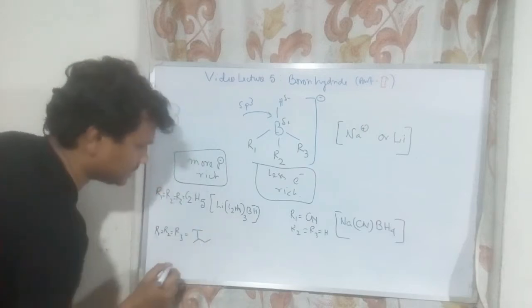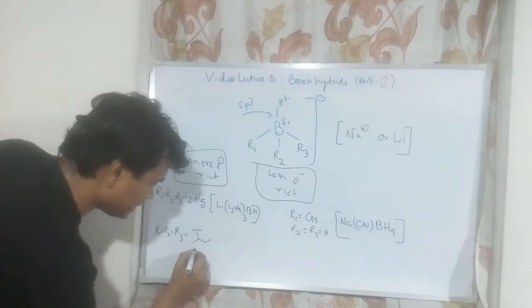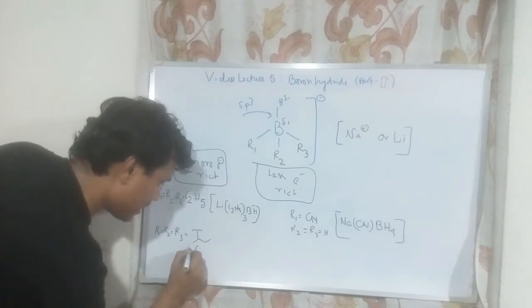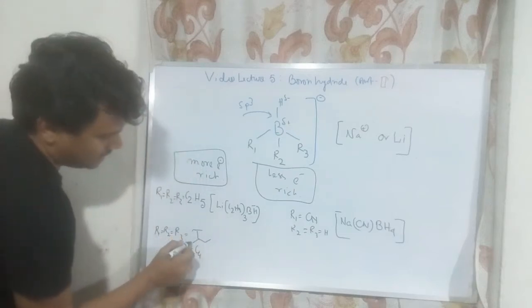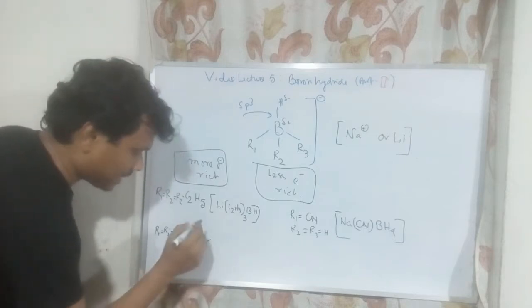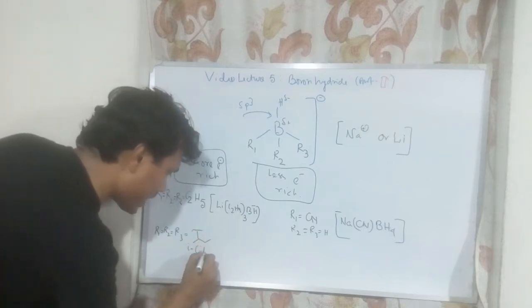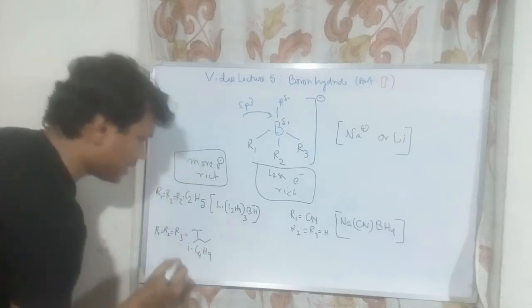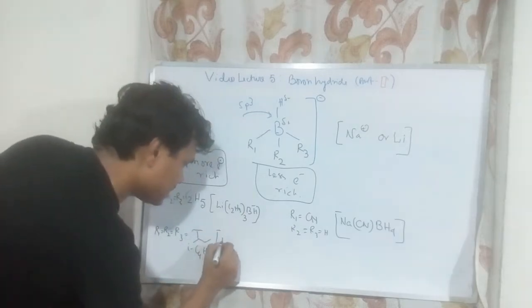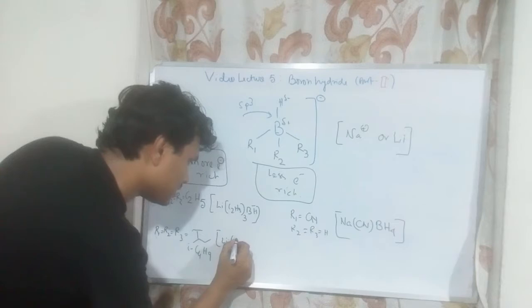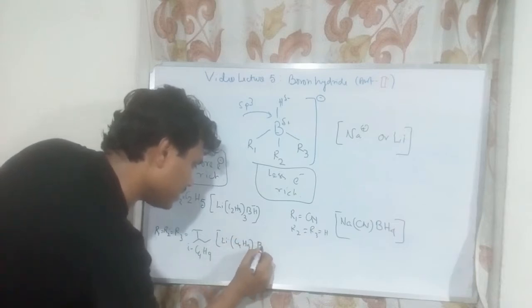Okay, substitution is here, or we will consider it as iC4, and this simple alkane formula is 2n plus 1, so H9, and the corresponding reagent is lithium (iC4H9)3BH.